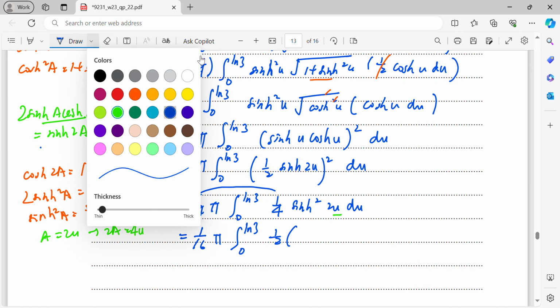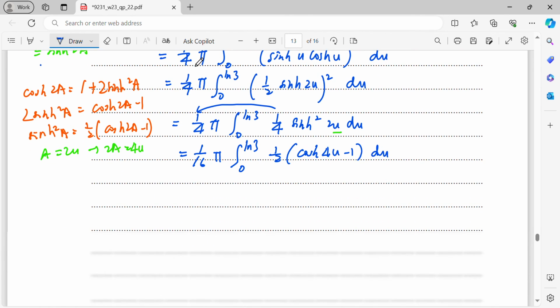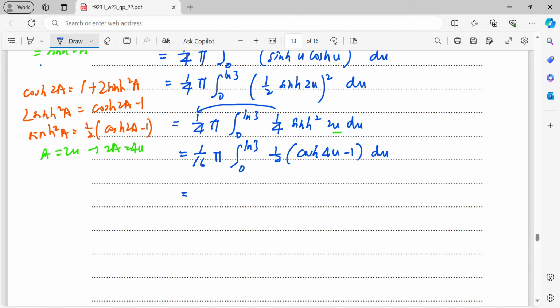So I will get cos 4u minus 1. Then the half taken out again, 1 over 32 pi. Then integrate cos 4u, you will get sine 4u over 4. Then the minus 1 becomes u, limits 0 to ln 3.